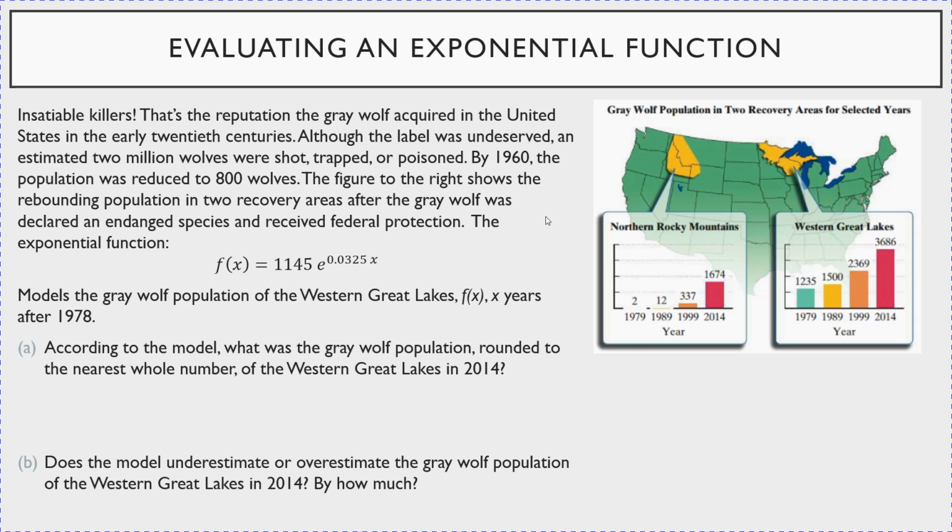So we have the northern Rocky Mountains. You can see the population was getting really, really big. And then we have the western Great Lakes. And what's really great here is you can see it doesn't look like a linear growth. It looks like exponential growth here. So this exponential function, f of x is equal to 1,145 times e, and then e is raised to the 0.0325 times x power, models the gray wolf population of the western Great Lakes.